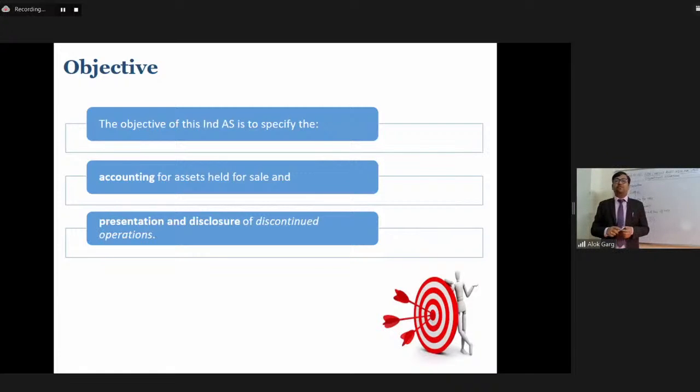It means the company does not want to use that building and wants to sell it. So this PPE is classified as held for sale. Now my question is, where does this building classified as held for sale need to be presented? Is it under the head non-current asset or under the head current asset?